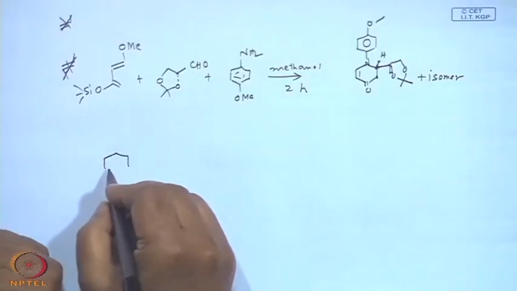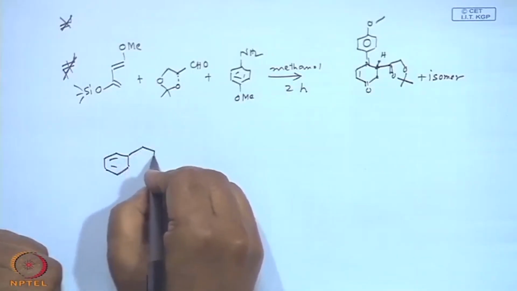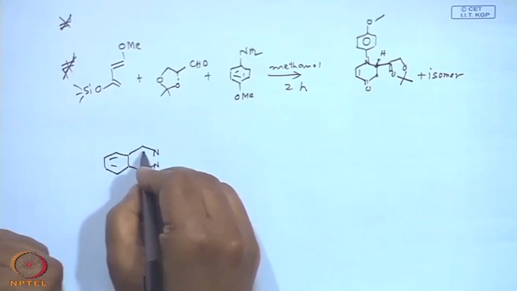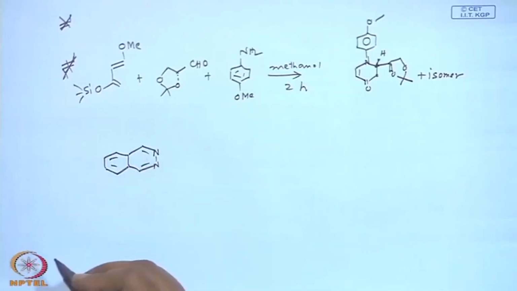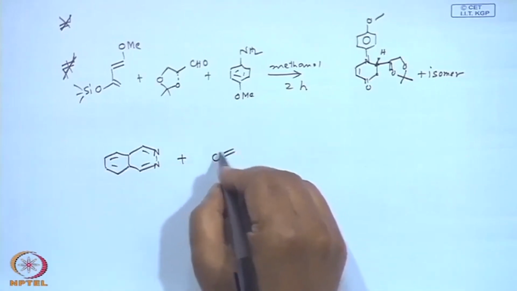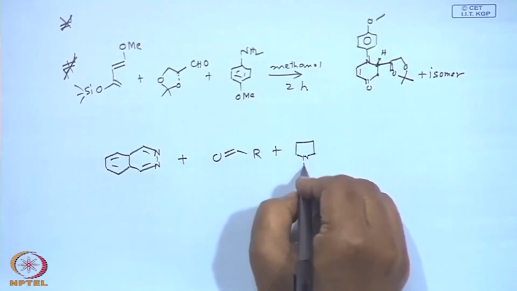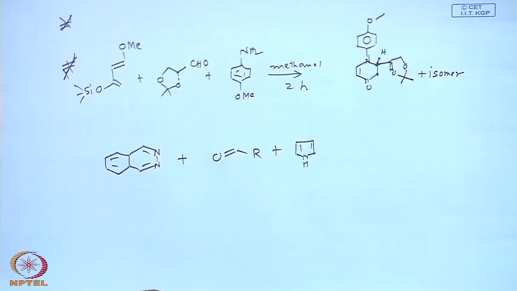And the last reaction, this is a pretty interesting reaction though. I have just one more minute. So, this is something like this one, and then you take an aldehyde, then pyrrolidine. I think all of you can guess.